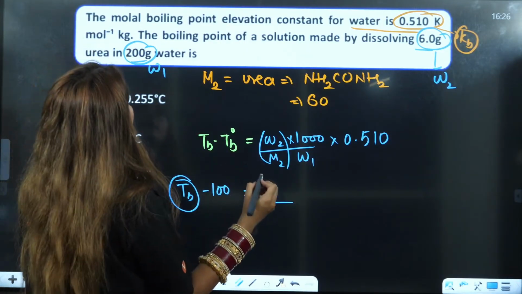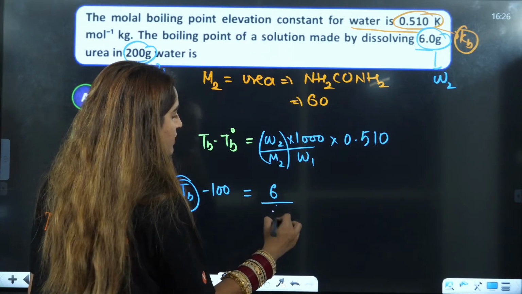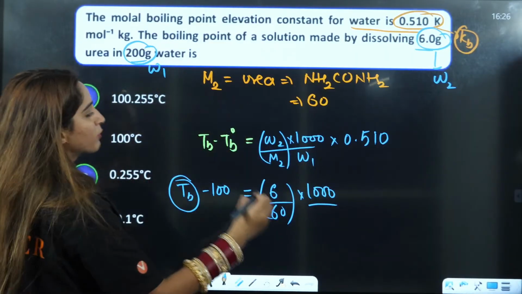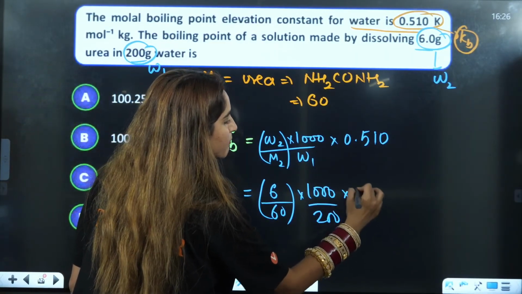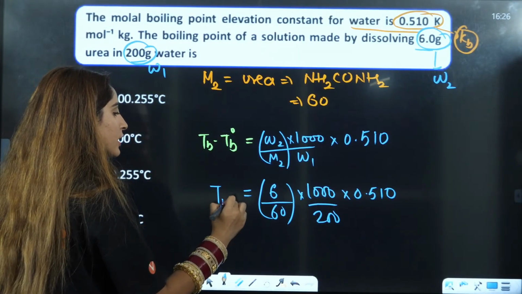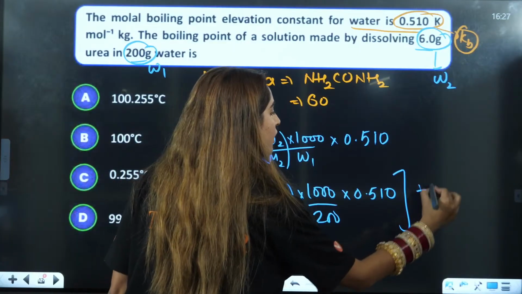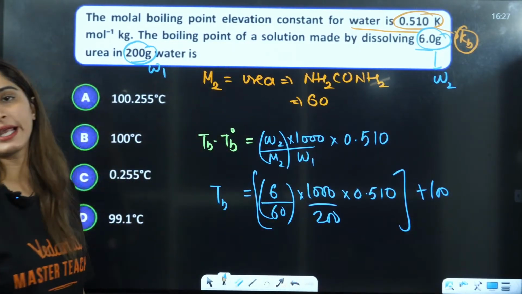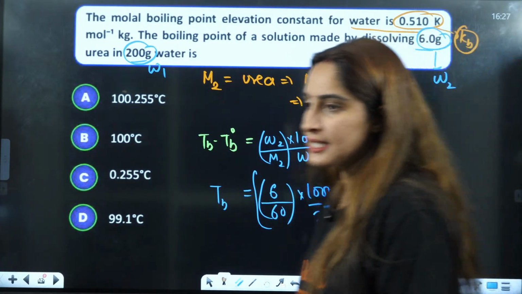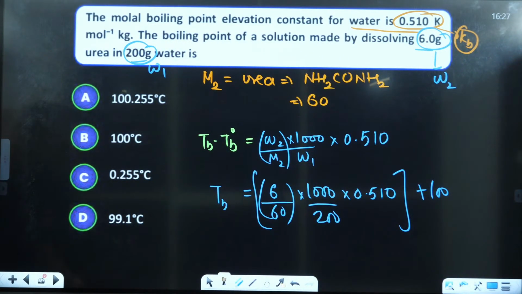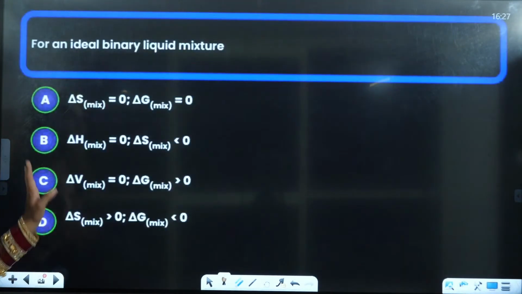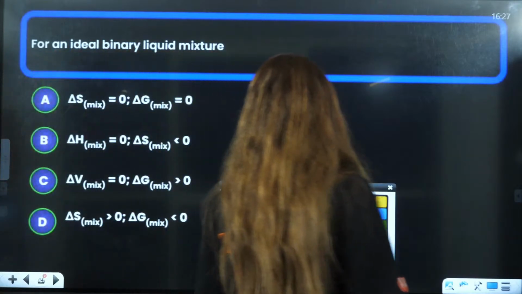So 6 divided by molar mass 60, multiplied by 1000, divided by W1 which is 200, multiplied by 0.510. And here you will add 100, and then you will get your answer. Understood? After this, the answer that you will get is 100.255. The calculation you will do yourself only.